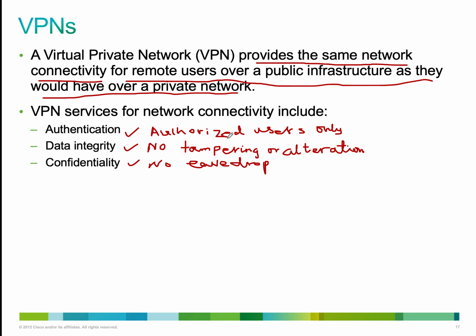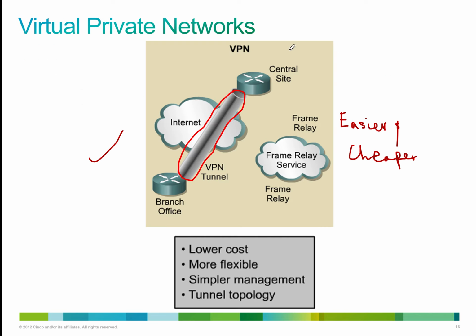Now, virtual private networks provide the same network connectivity for remote users over a public infrastructure as they would have over a private network, just as you would have through the frame relay method.